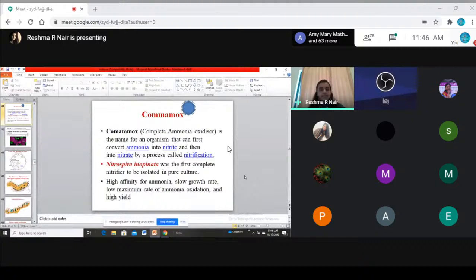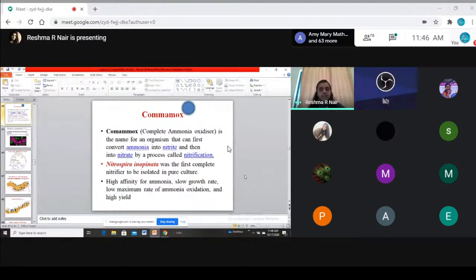All the enzymes responsible for both steps of nitrification are present within a single organism. So, after identifying this comammox, it is very relevant, as it is breaking the basic principle of nitrification.